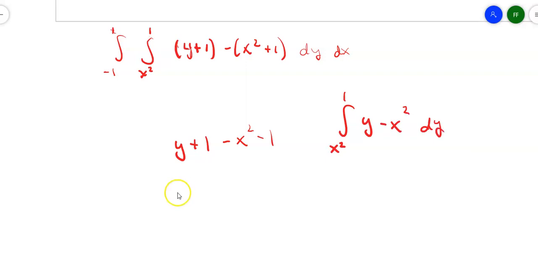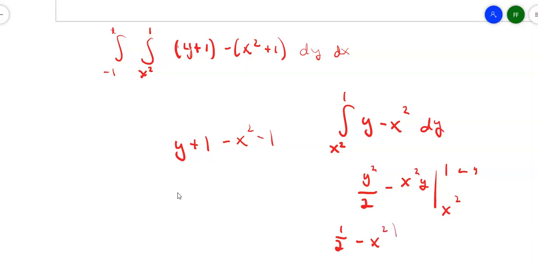So when I integrate with respect to y, what happens when you already have a y? Add 1, divide by the new power: y squared over 2, minus x squared y, evaluated at 1 and at x squared. That 1 and that x squared are y values. So I'll end up with a half minus x squared.